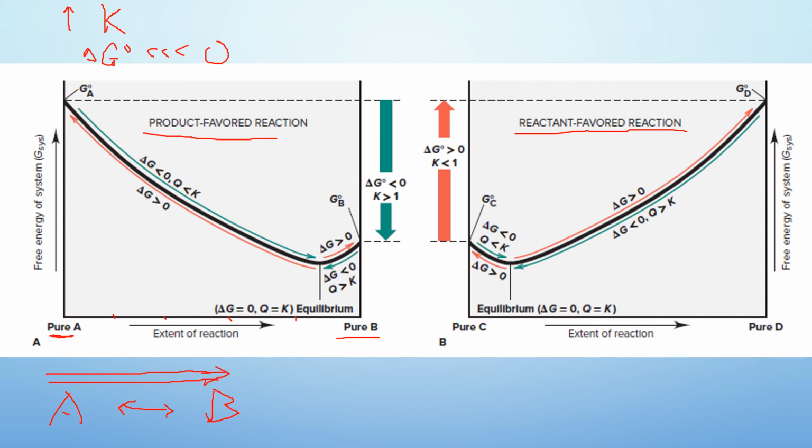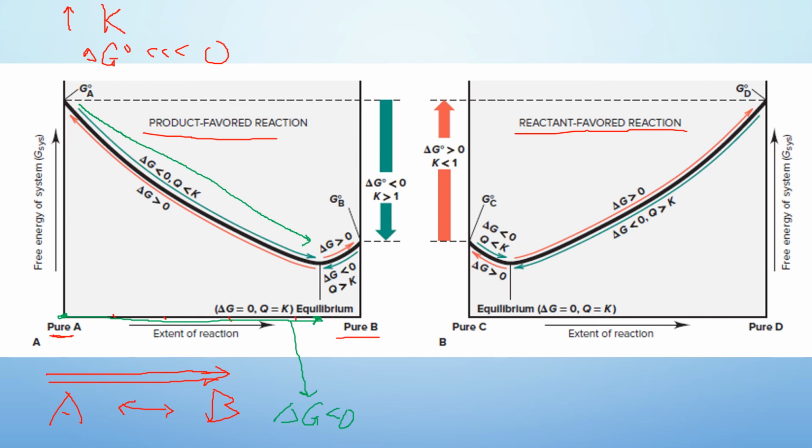So from the beginning, if you follow this green curve for A, the free energy is decreasing. So your delta G, final minus initial, is smaller, so delta G is less than 0. So from the initial pure A all the way to the equilibrium point, you have a delta G less than 0.